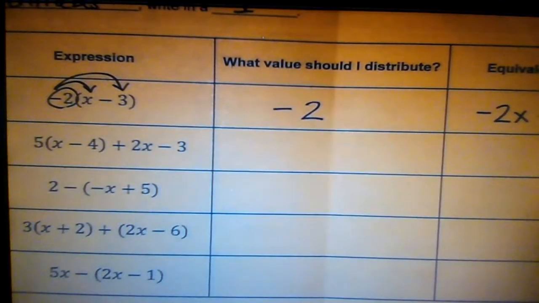Okay, the next one. Let's see. Maya, what value should we distribute in this one? The 5. Okay, it's what's straight out front of the parentheses. So the 5 goes through.